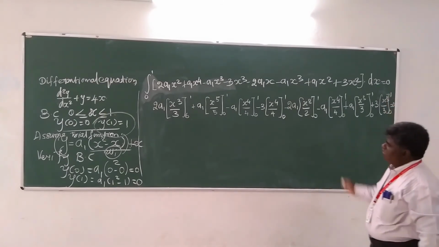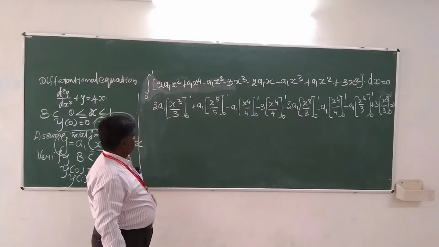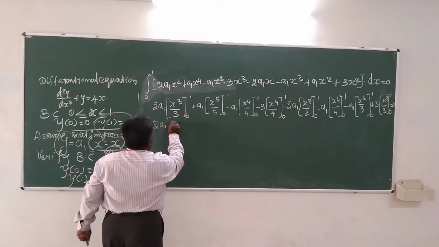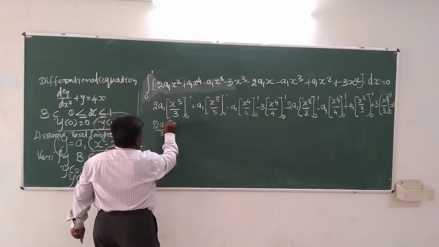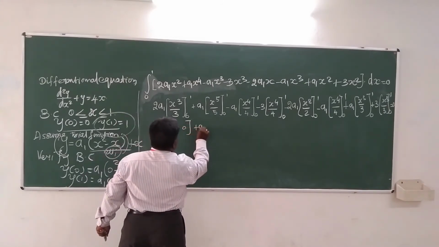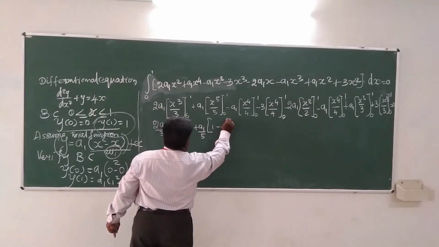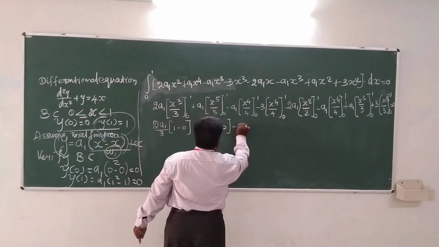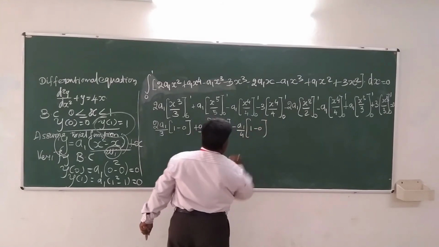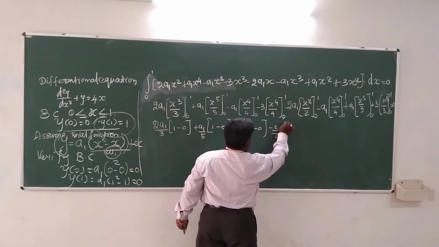Now each and every time you have to apply the limit value 0 to 1 to a1. So plus a1 minus a1 divided by 4. So 1 minus 0 limit value, minus 3 divided by 4.